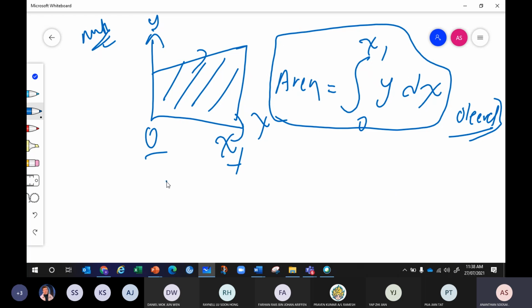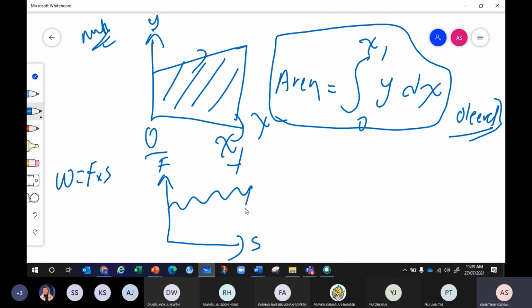Okay. So now, what is work? Work is the product of force times distance travelled in the direction of the force. In other words, if I plot a graph of force versus displacement, let's say the force changes like this, going up, coming down, going up, the area under the graph is the work. Let's say from 0 to r.